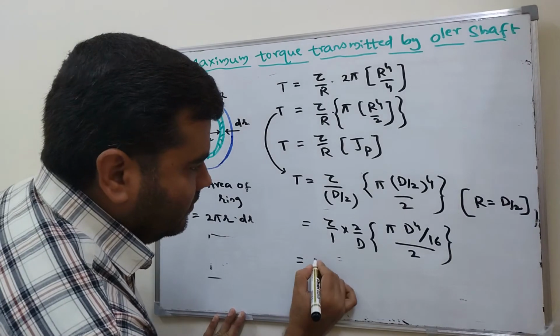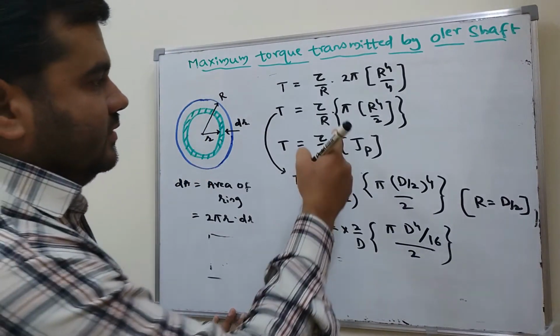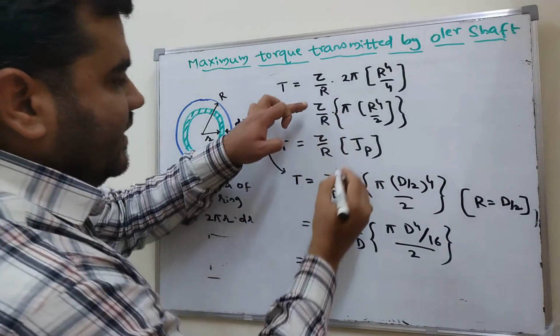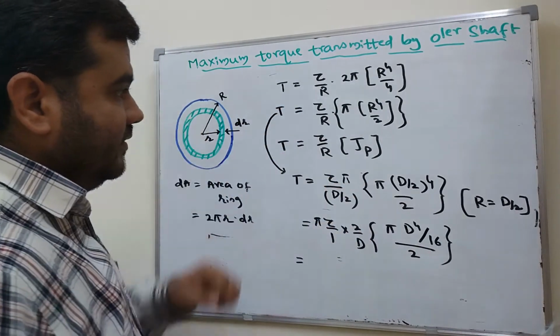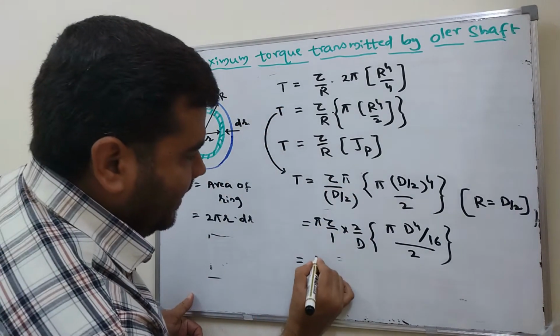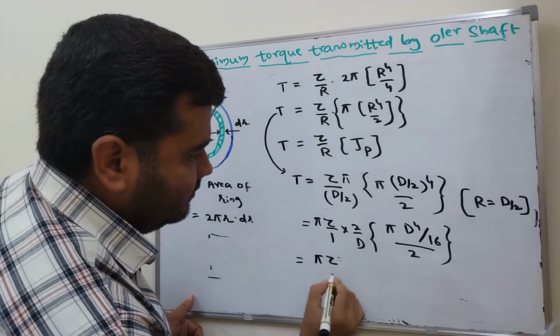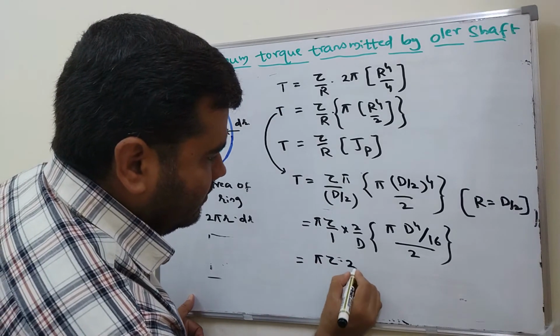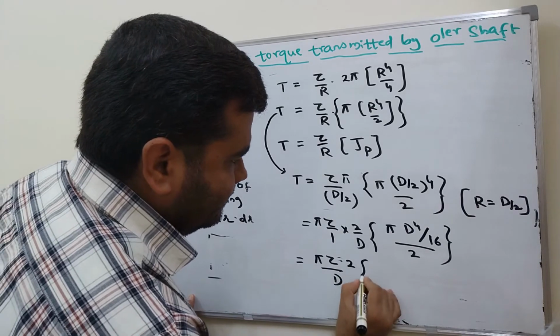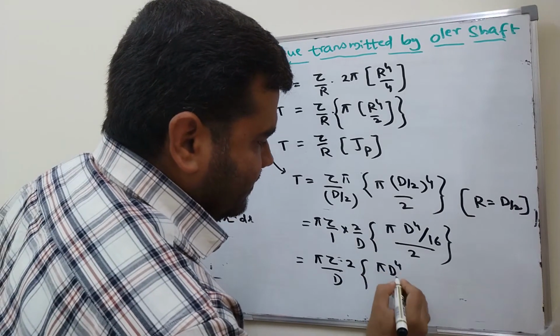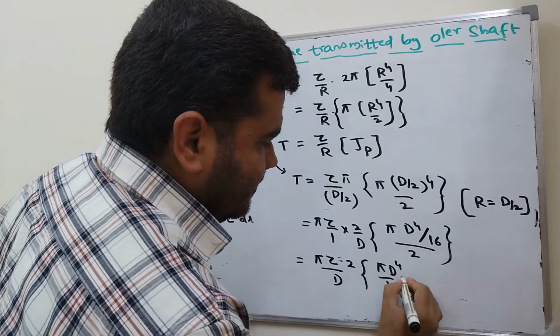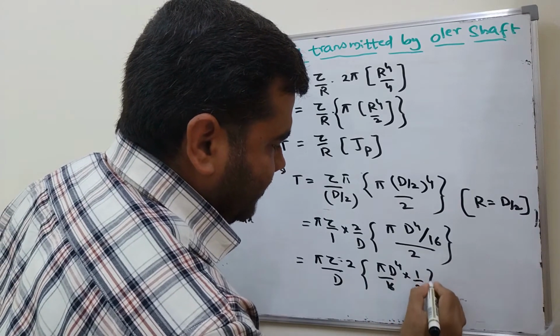Sorry, here pi is missing, here also pi we will get. So pi into tau into 2 divided by d, into pi d raised to 4 divided by 16 into 1 by 2 into 1 by 2.